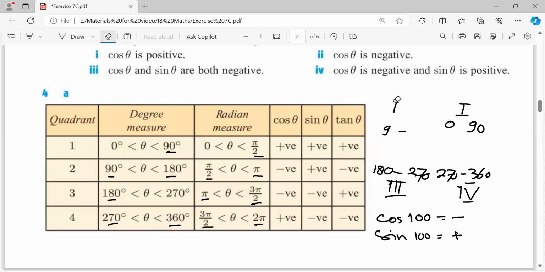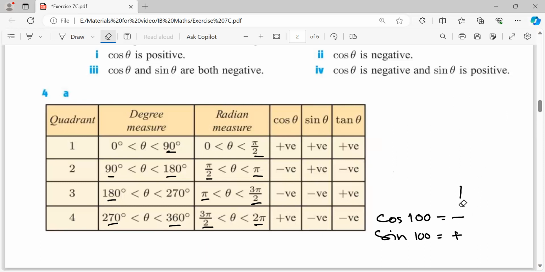Next, quadrant 3, 180 to 270. The values of cosine theta on this quadrant are always negative.